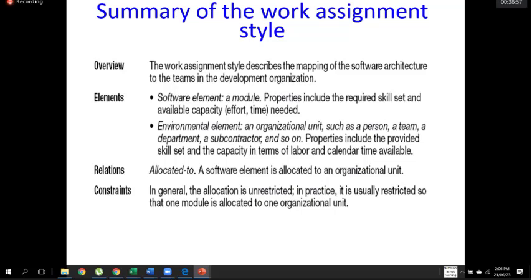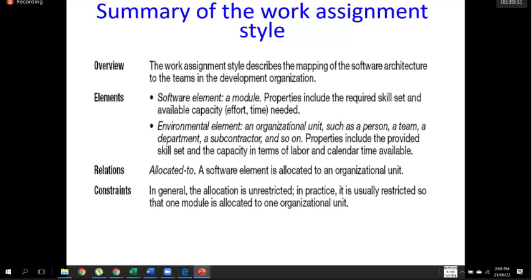So in work assignment, you describe the mapping of software architecture to the teams in the development organization. Simply mapping the software architecture and its elements. The work tasks will be assigned to the people involved in the development process. So what are the elements involved here?